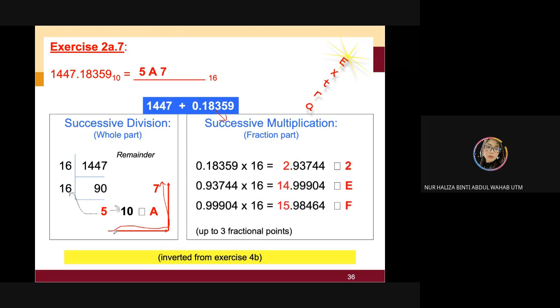Throughout, you can see your answer will be from bottom to up for division, and from up to bottom for multiplication. So you will take 5A because your remainder is 10. For base 16, 10 will be converted to A. 5A7. And then for the fraction it is 2EF.